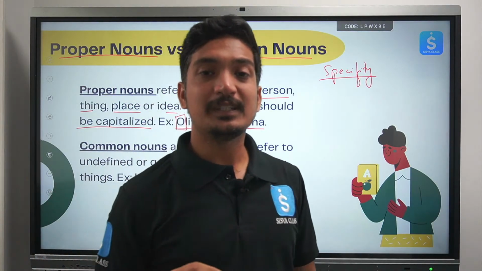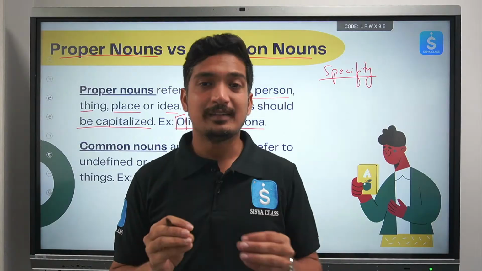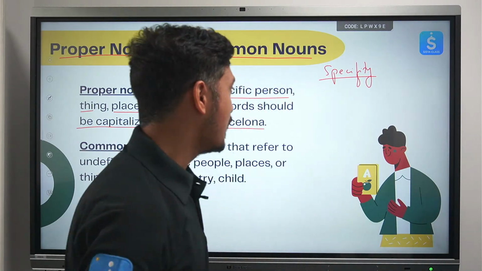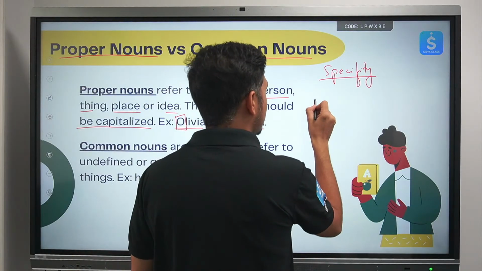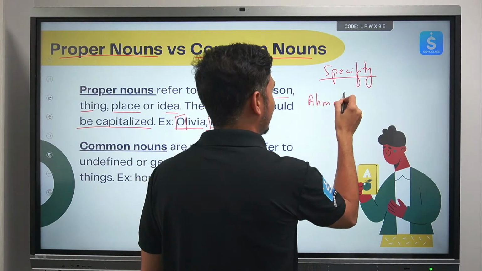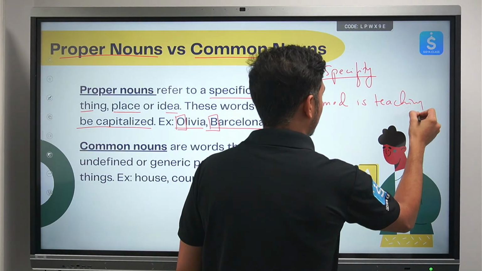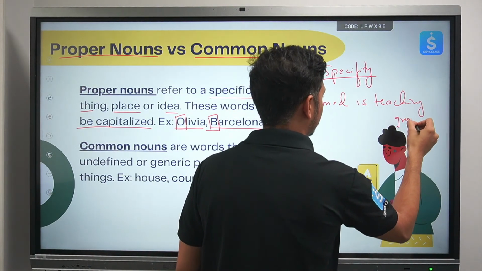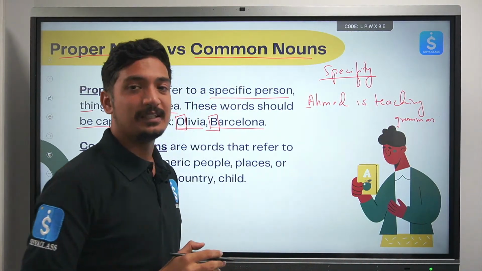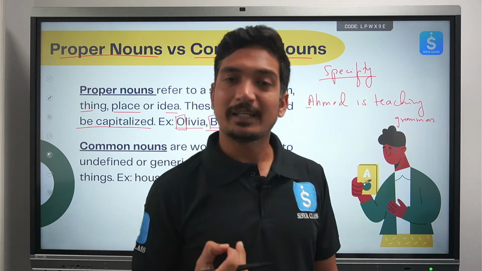Even if these words are at the start or in the middle of a sentence, we will always have them capitalized. For example, I'll say Ahmed is teaching grammar. Because Ahmed comes at the start of the sentence, by default we'll be using the capital letter.